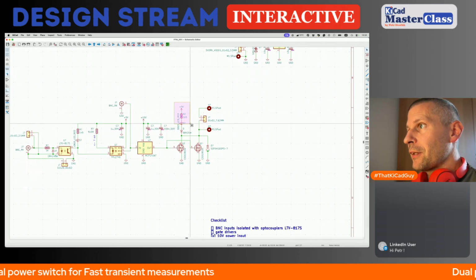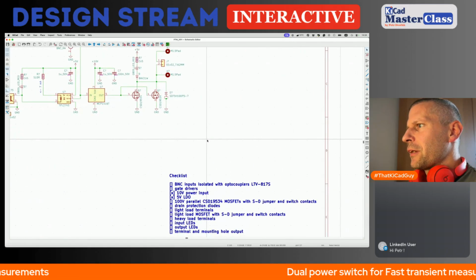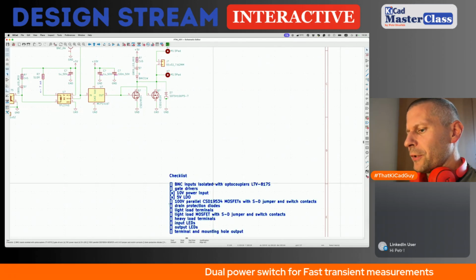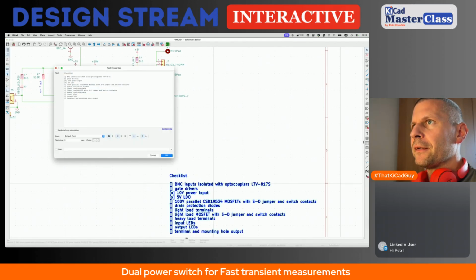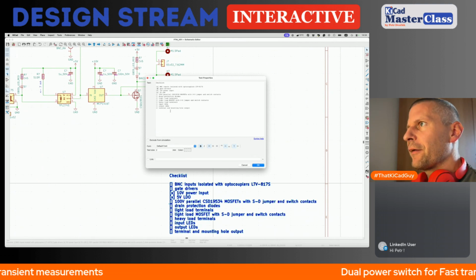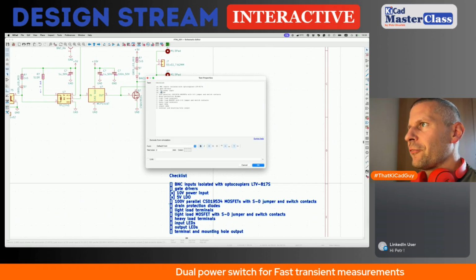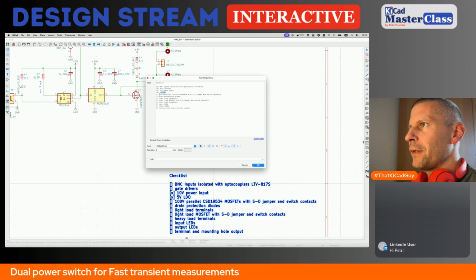So we need something like this. So let's get back to the checklist, and I will start checking it. So BNC input is there, gate driver is there, 10 volt power input is there, 5 volt LDO is there. Above the schematic I will show you in a while.